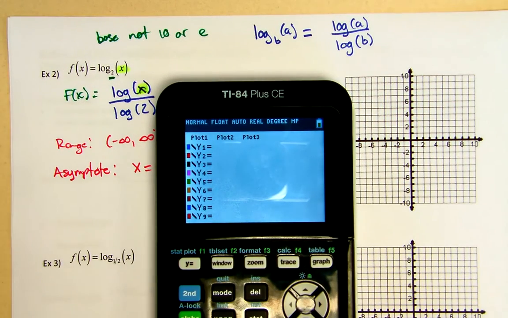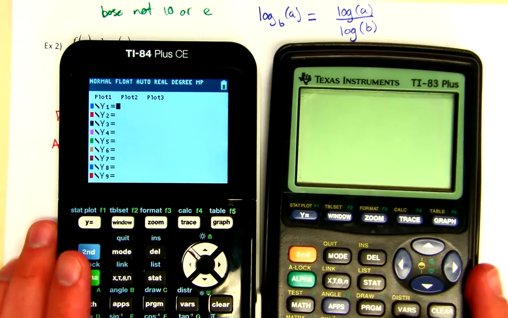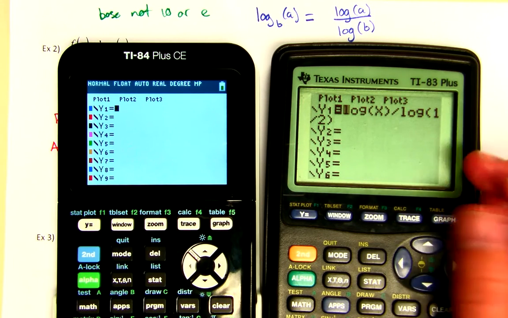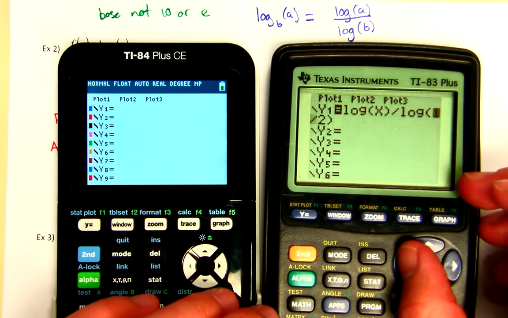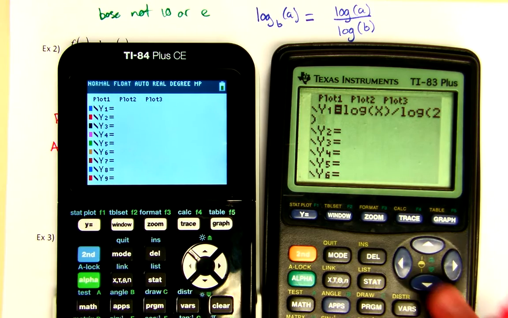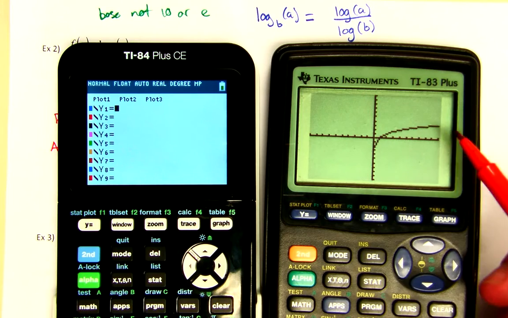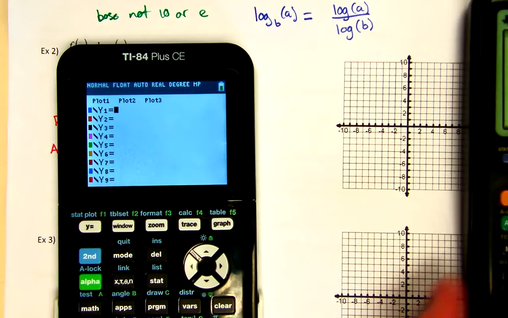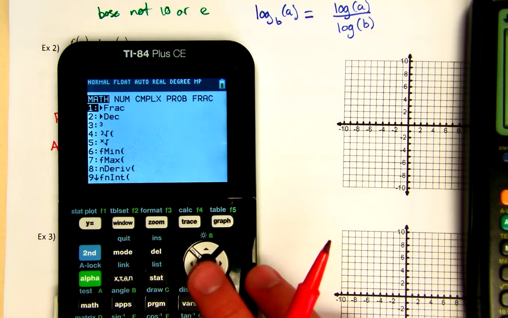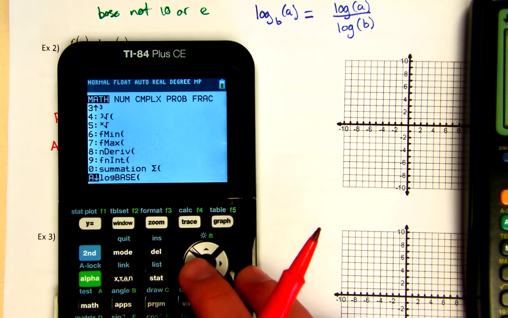So if you have an older calculator, like the TI-83, you're going to enter it like log of x over log of, well, I don't need 1/2 here, I need 2 actually. So log of 2. And then you're going to graph it. So again, we see it starts around 0 and it's going towards infinity. Now, if you have the newer calculator, you can go to math and arrow down, just keep going down until you hit log base.